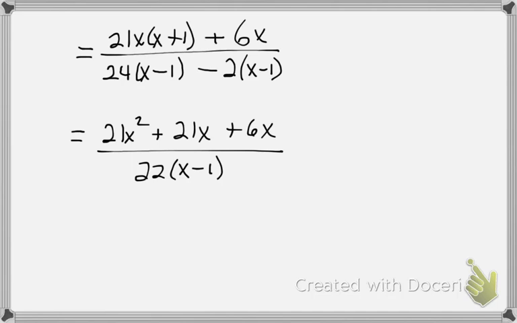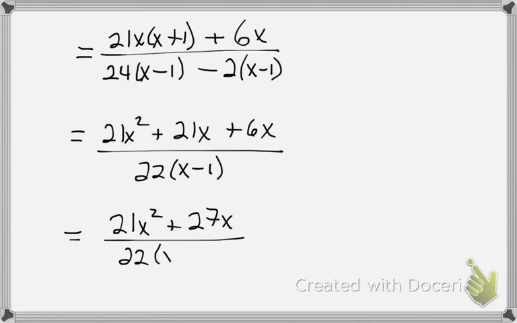But I like this because now the denominator is factored. The numerator, on the other hand, still has some work to do. So it's going to be 21x squared plus 27x. Oh, because you just combined them. Yep, we have 21x and 6x, which are like terms. And now that I've combined like terms, can I factor anything out of the numerator?